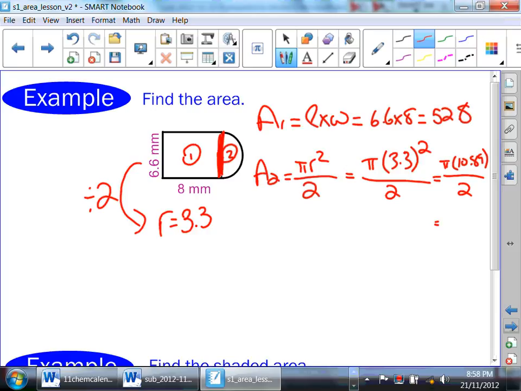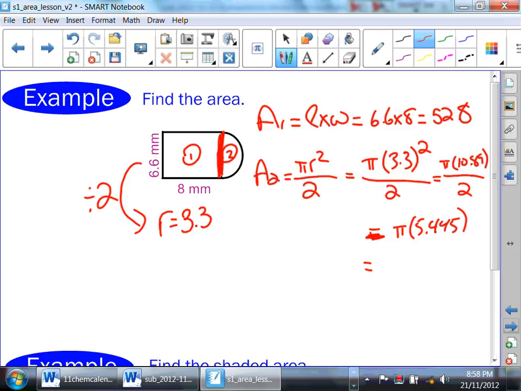Now to figure out this, we might as well divide 10.89 divided by 2, and we get, I'm going to give myself a little bit more room here. That's going to be pi times 5.445. I'm writing out as many decimal places as I can while I do the question. The final answer we will round to 1 decimal place.